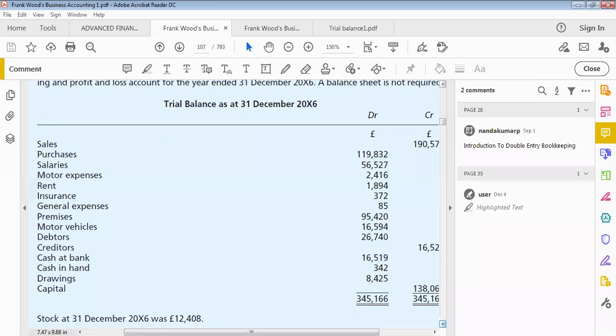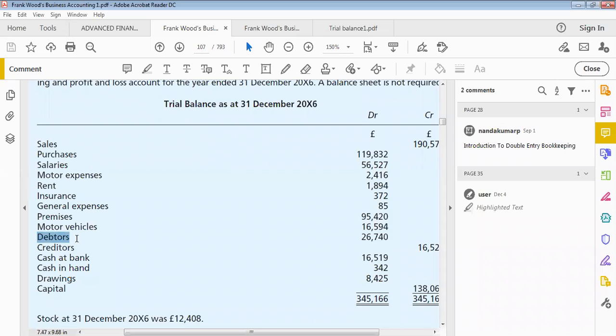Salaries? No, that's an expense. Drawings and capital? They go on the balance sheet, yes, but they're not current assets.